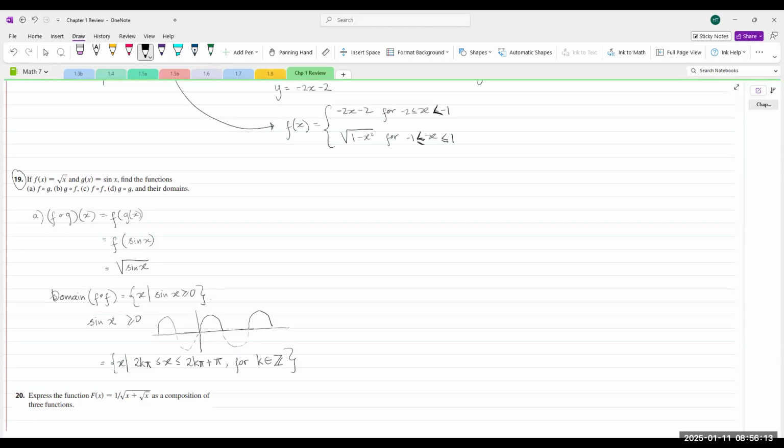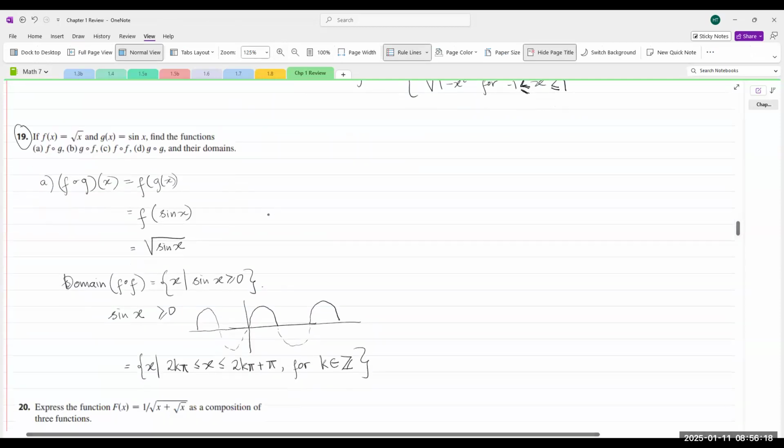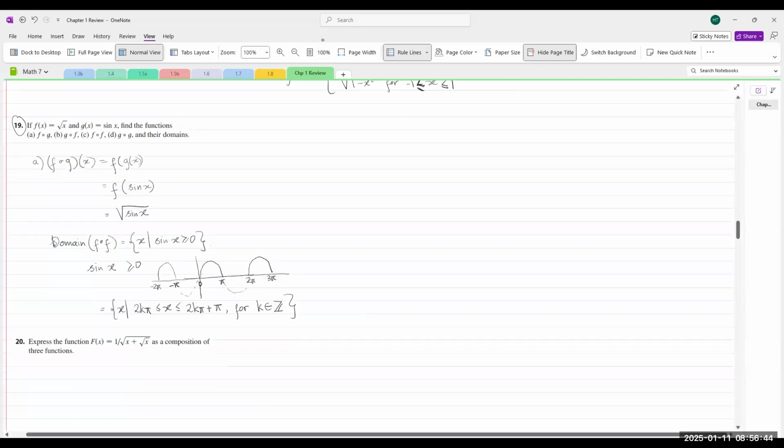So if we look at the sketch, I already drew it, so let me just enlarge it. It is positive from 0 to pi and then continues again from 2 pi to 3 pi, and from negative 2 pi to negative pi. Okay, so that's the domain. In fact, we can also say the range will be from 0 to 1. They don't ask that here, so I don't answer that.